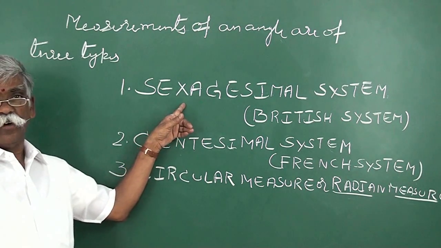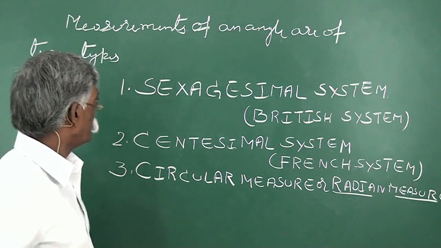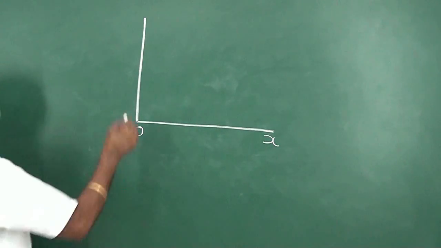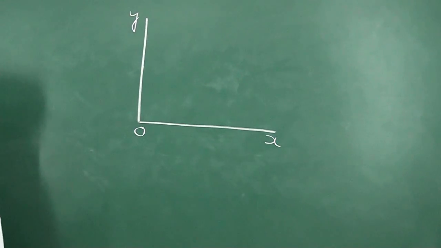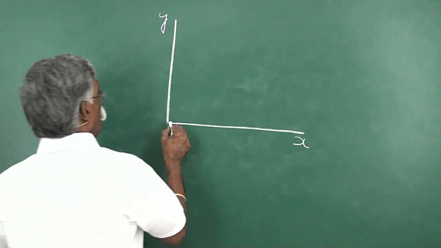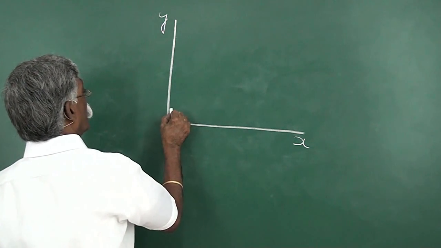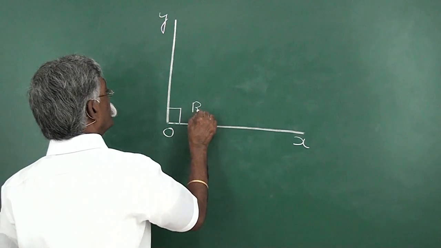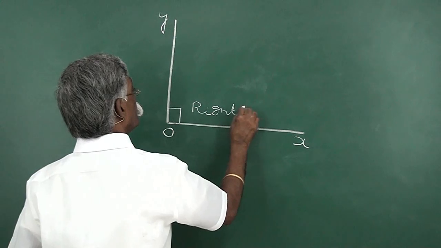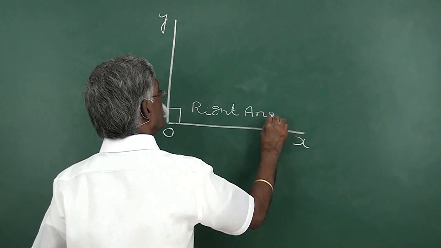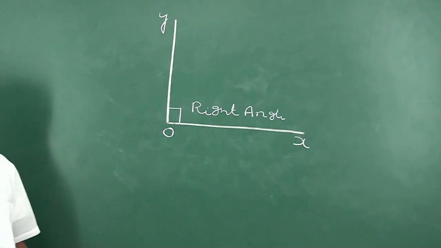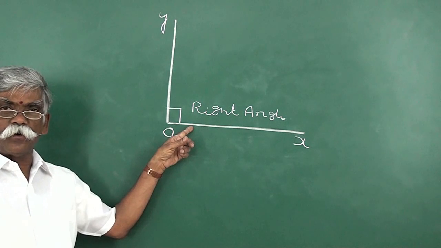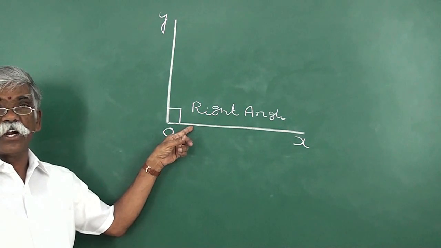Now let us know about the first system, sexagesimal system. OX is a horizontal line, OY is a vertical line. The angle between the horizontal line and the vertical line is known as a right angle. In sexagesimal system, this right angle is further divided into 90 equal parts called degrees.